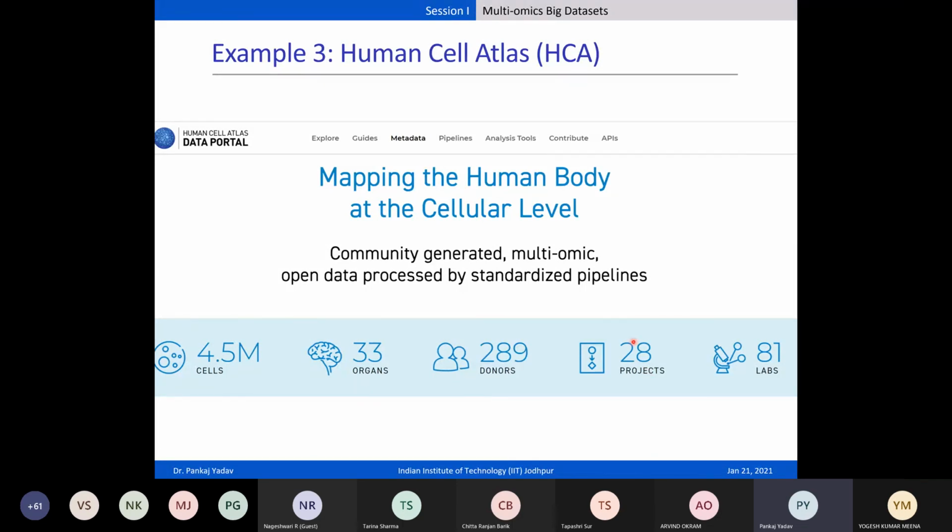There are currently 28 projects working on this, and they are also very active in this kind of research, organizing a lot of workshops, seminars and conferences to invite people who are interested in working on those projects. And there are almost 81 labs associated with this community across the world. So if you have interest in working in single cell multi-omics and data science, please have a look at this HCA portal.